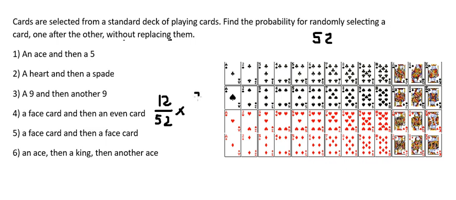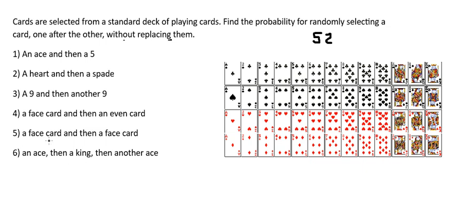There are 20 even cards. Because the first one we select 1 out of 12 face cards, so now the total is 51. So we calculate this one, and we got 20 over 221.